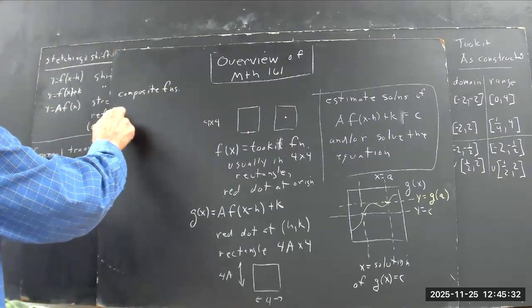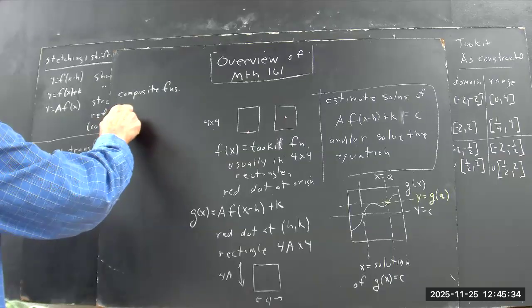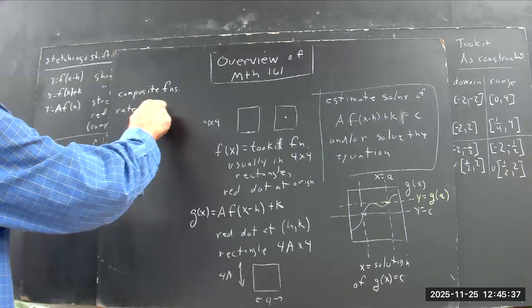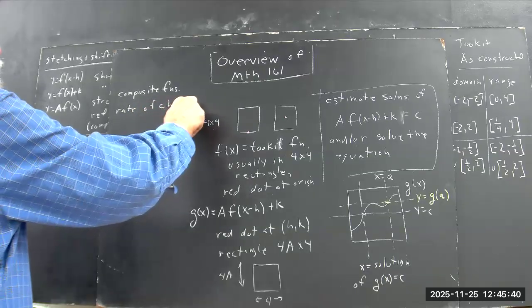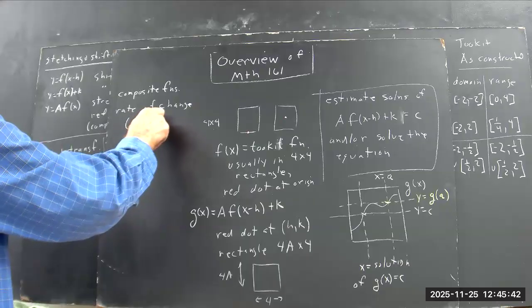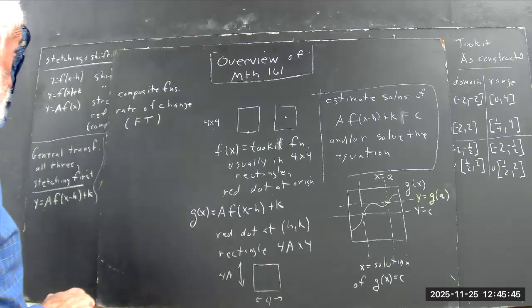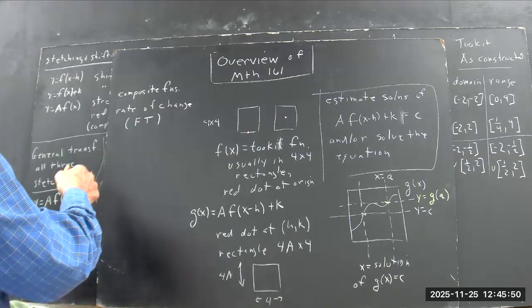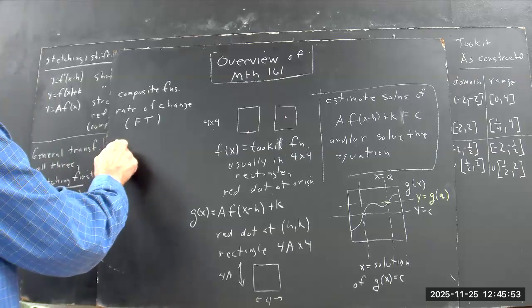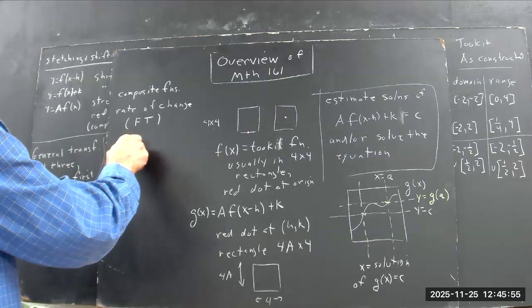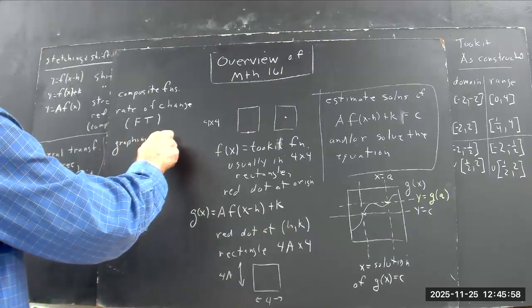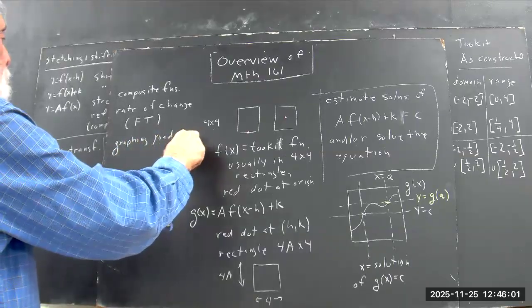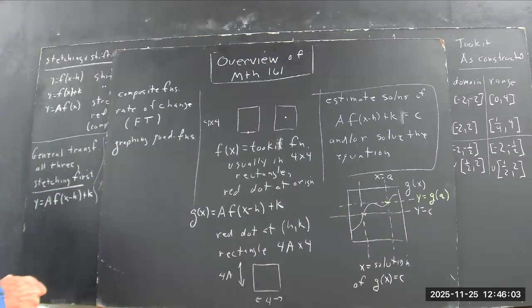We have rate of change, which is related to a fundamental triangle that we want to talk about. We have really important graphing of quadratic functions. And these are things you can expect to see on the final.